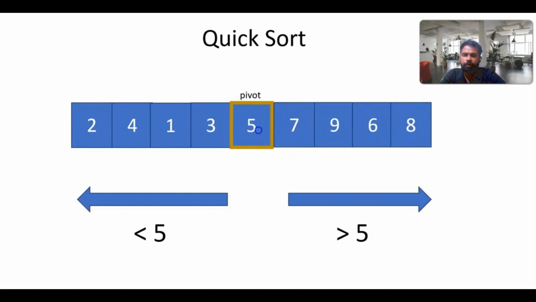Now our pivot value is in the right position of the array. So all the values left to the pivot element are less than 5 and all the elements at the right of the pivot element are greater than 5. So the pivot element 5 is now in the correct position of the array.